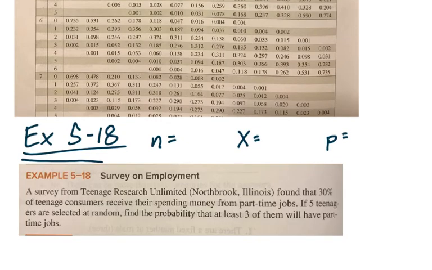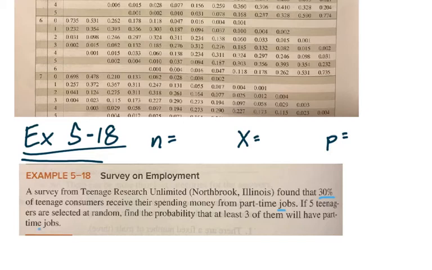And I'm going to go back through and just try to pick out what the given information is. So here, P is 30% have a part-time job. And we're looking for the probability that at least 3 of them will have a part-time job.